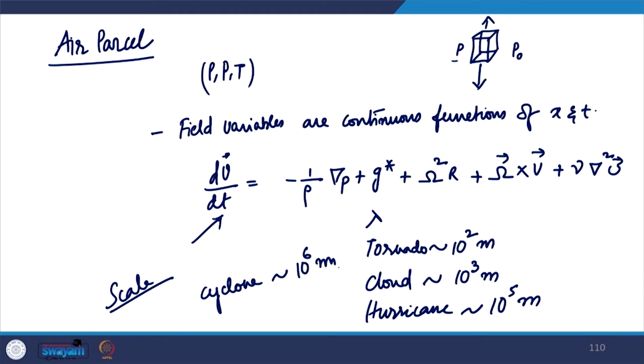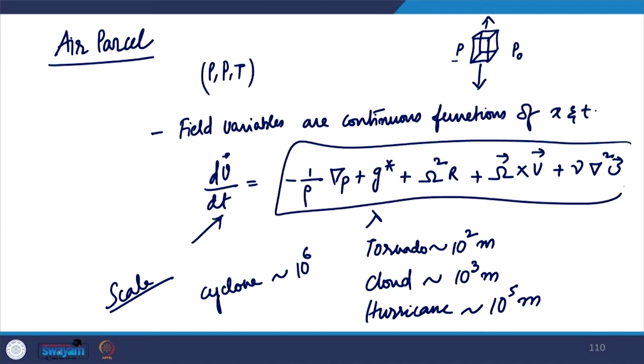So, what all of this means is that different types of motions have different scale sizes. That means in this equation not all the terms may be relevant across the scales. We may have to choose which terms are reasonably higher on the magnitude side, or which terms are relevant or non-relevant, right.